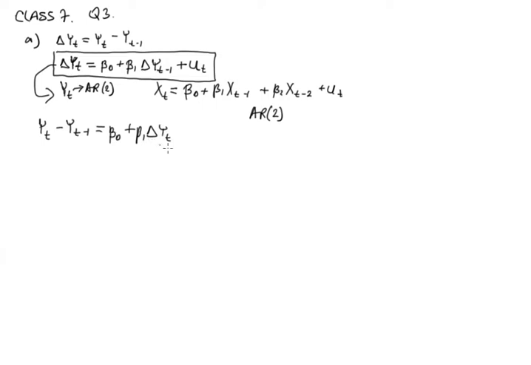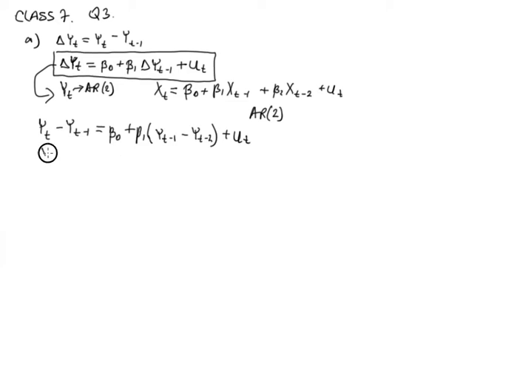I could actually get rid of the delta sign as well, so this is basically yt minus 1 minus yt minus 2 plus ut.